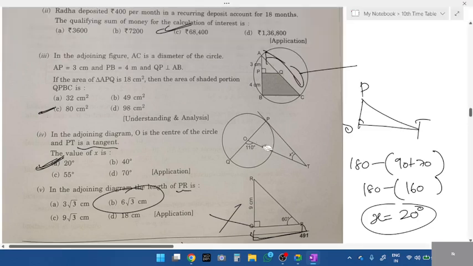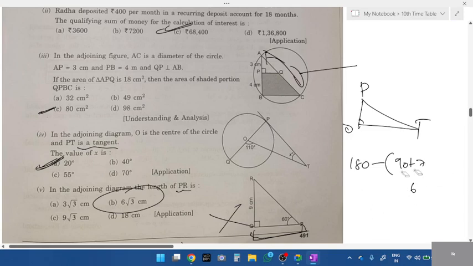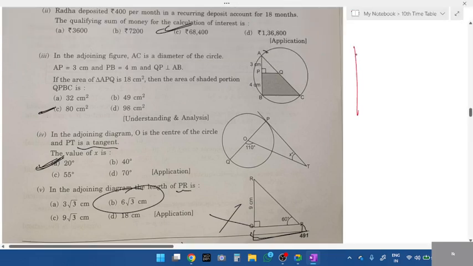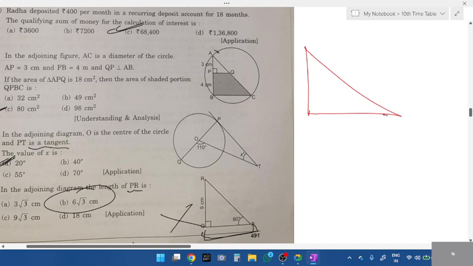In the specimen paper, you will remember the exterior angle concept. Exterior angle in a triangle: this angle is exterior. What is the exterior angle formula? Exterior angle is equal to the sum of the interior opposite angles. If this is 90 degrees, which is the exterior angle for this triangle?